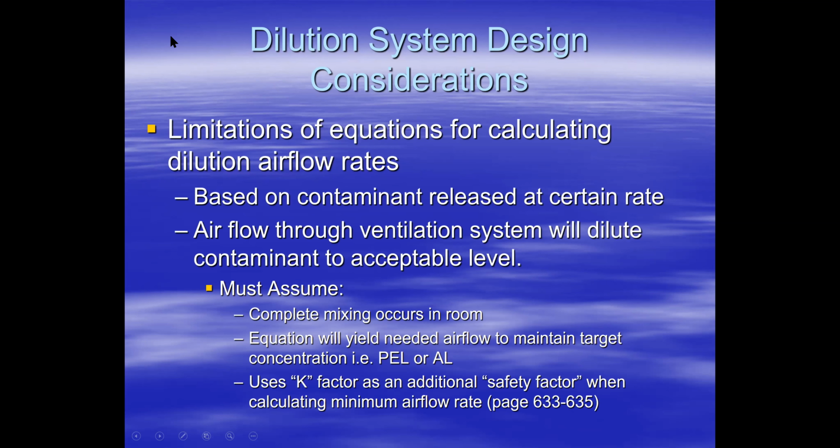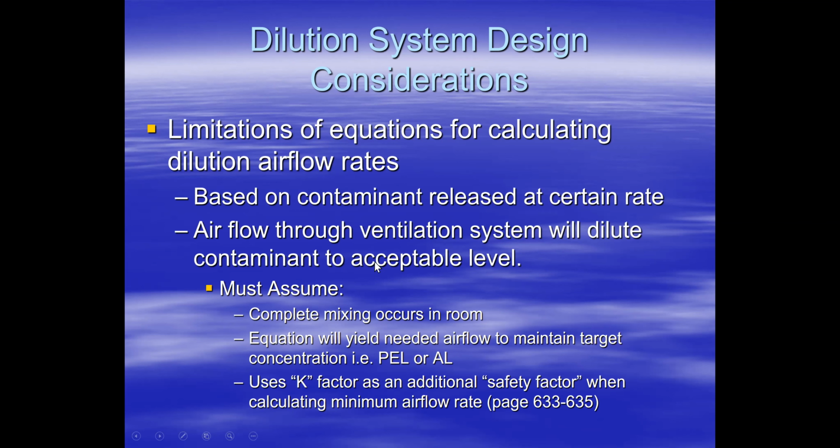Now, dilution systems are designed based on some assumptions. One is the contaminant has to be released at a certain rate for us to do the calculations. So our release must be at a constant or near constant value, or my estimates will be off. And the other is that I can generate enough airflow through my system to dilute that contaminant to an acceptable level.